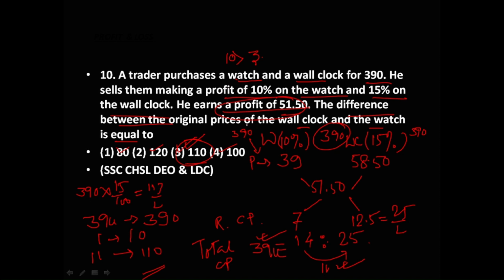Okay, I am recapping it again. Look at this. Watch and wall clock. 390 is the total price, although we are assuming 390 is the CP of both, right? It is getting 10% profit and it is gaining 15% profit.